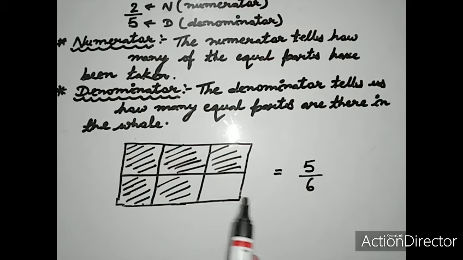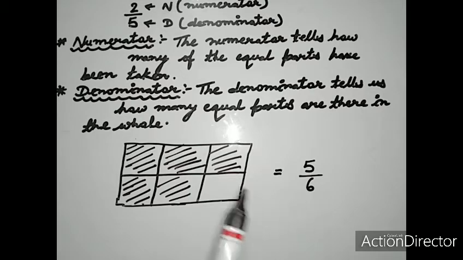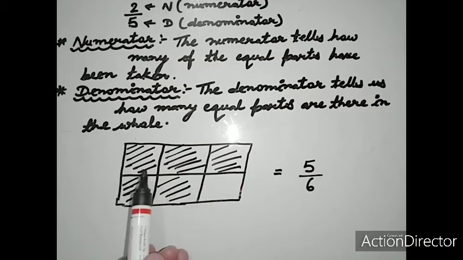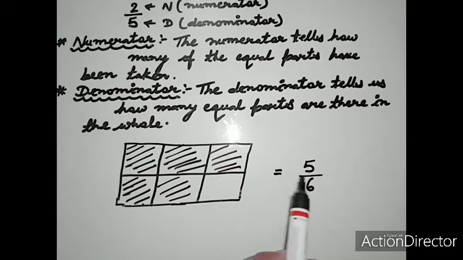The shaded part fraction is 5 upon 6, so the fraction of the unshaded part is 1 upon 6. So basically the denominator tells us the total number of equal parts, so there are total 6 parts, and the numerator tells us how many equal parts have been taken, so 5 parts are taken out of these 6.